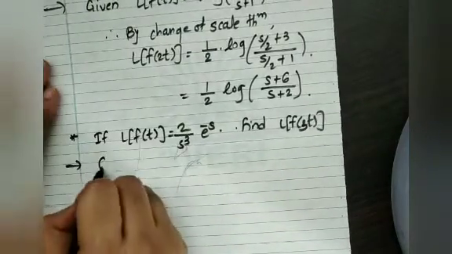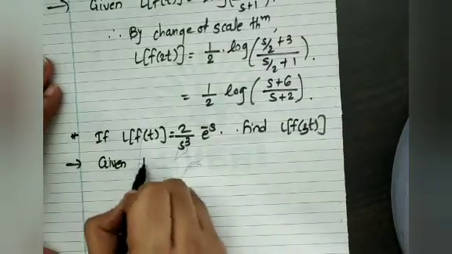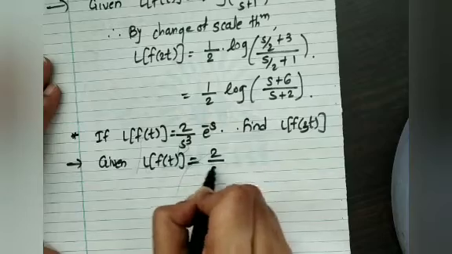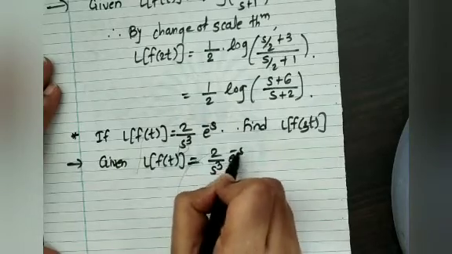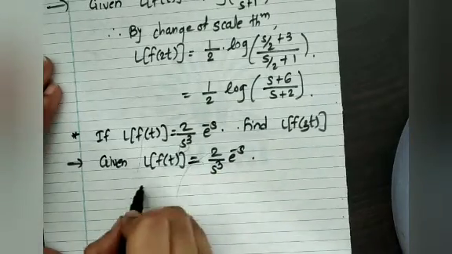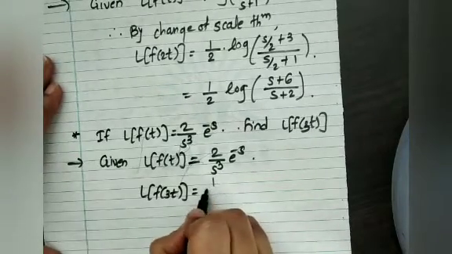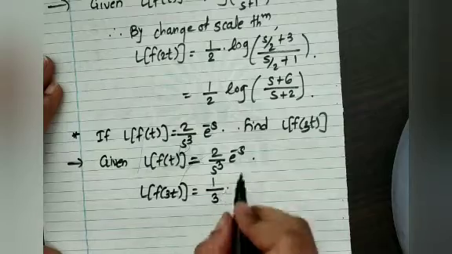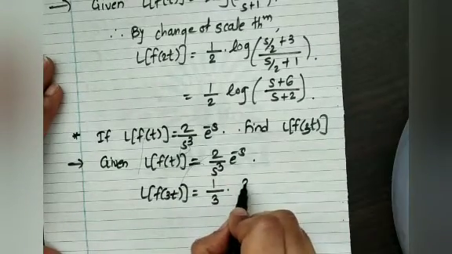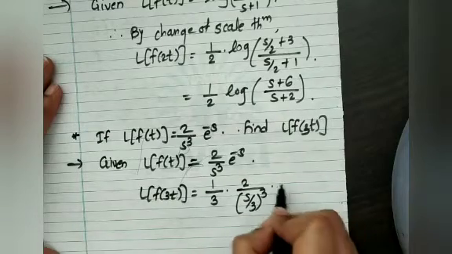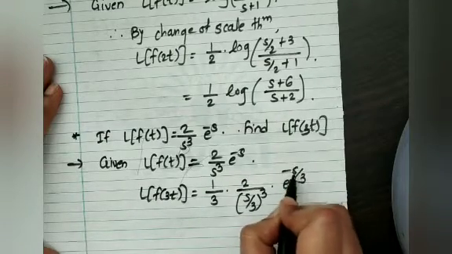It is given Laplace of f of t is 2 upon s cube e raised to minus s. Therefore, by change of scale, Laplace of f of 3t is equal to 1 upon 3 into, wherever there is s we will replace by s by 3, into e raised to minus s by 3.